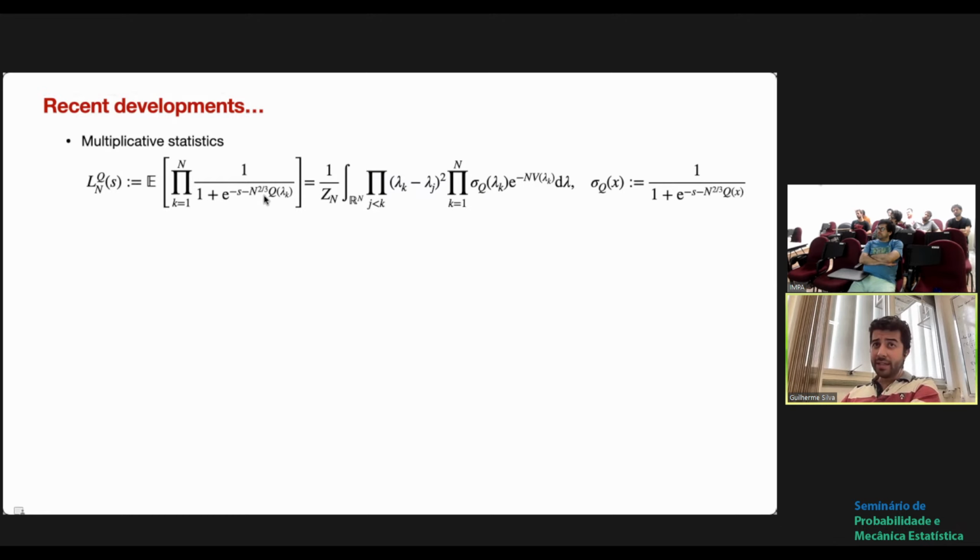I'm doing certain scalings here, which have to do with the scaling of the largest eigenvalue, but don't bother about it right now. I'll explain those scalings later. The core of the fact is really that I'm looking at certain multiplicative statistics rescaled in an appropriate way.